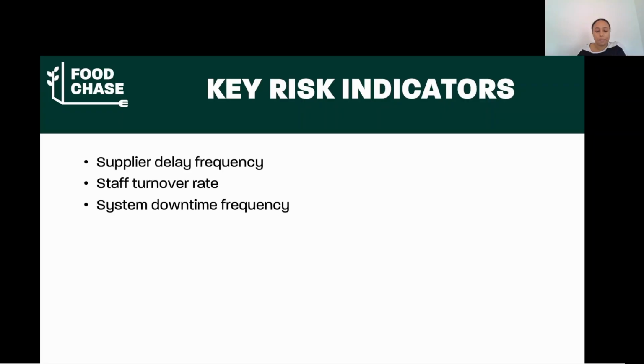There's also the staff turnover rate. If we have a high staff turnover rate, it means that we are slowly going towards risk, and it's also a great indicator of the trajectory. And there's also the system downtime frequency. This is another key risk indicator.